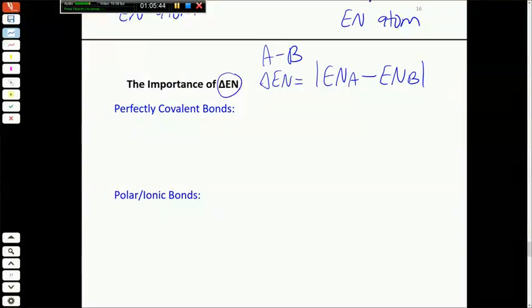And if you have a perfectly covalent bond where the electrons are shared exactly equally, that means there's no electronegativity difference. So in order to have a truly covalent bond, you need to have two atoms that have exactly the same electronegativity. This is rigorously only true when you have two of the same atom bonded to itself.